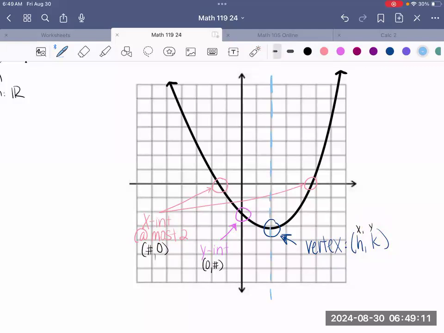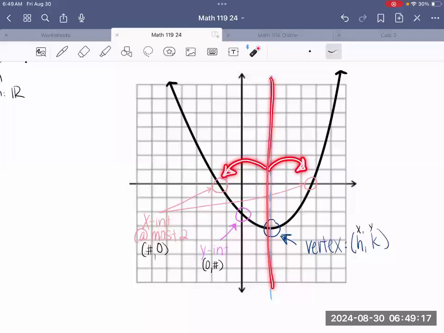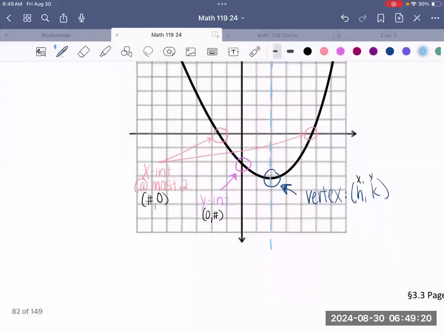Now, another key feature of this graph is that your graph is perfectly symmetrical, meaning that we can cut your graph in half, and what's happening on the left-hand side is mirrored on the right-hand side. This is called the axis of symmetry. Symmetry being symmetrical. Now, this has an equation.